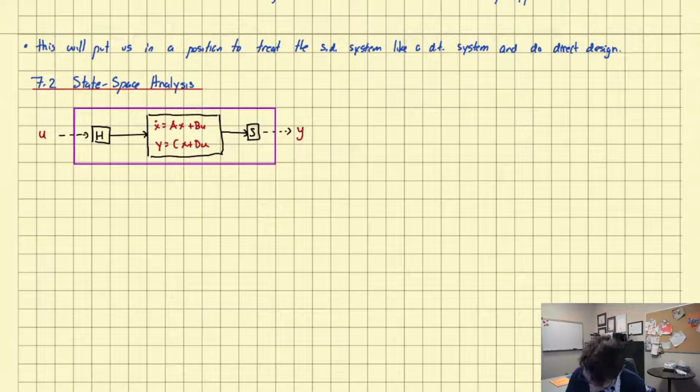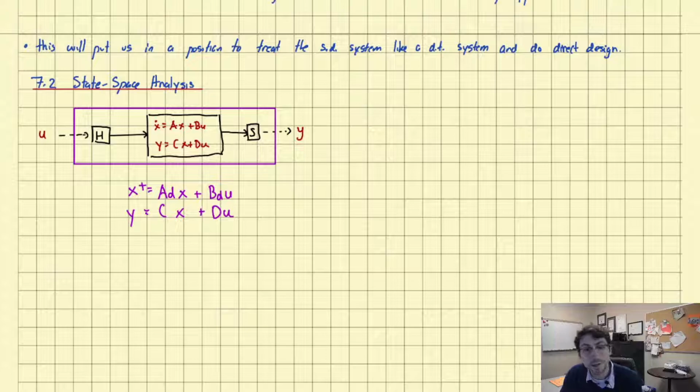is this block here. We want to write it as... okay. So that block we're going to find a state space model for. As the notation suggests, the A and the B matrix are going to change, but the C and the D matrix will not. Okay.